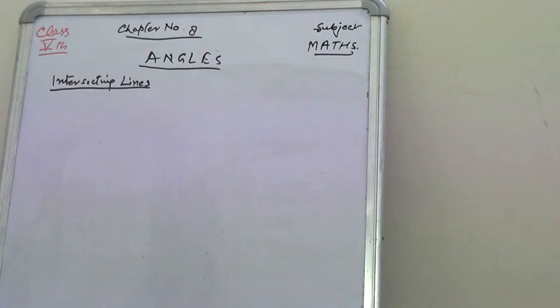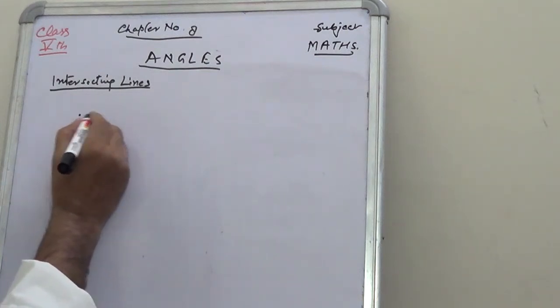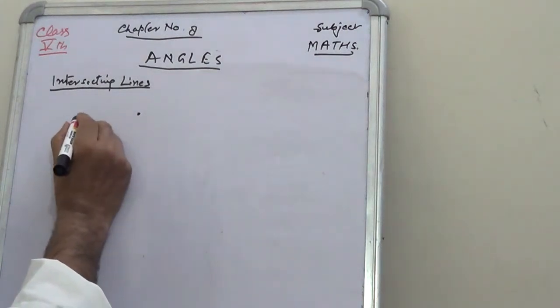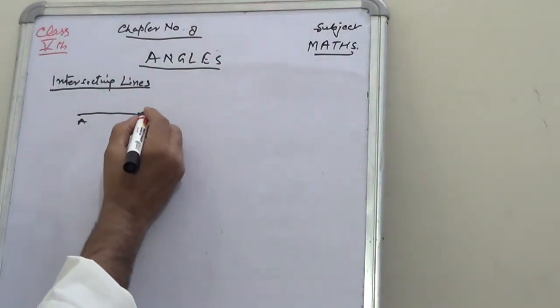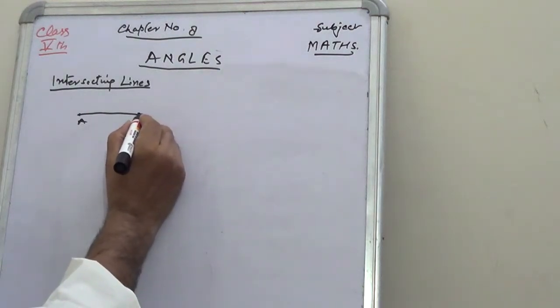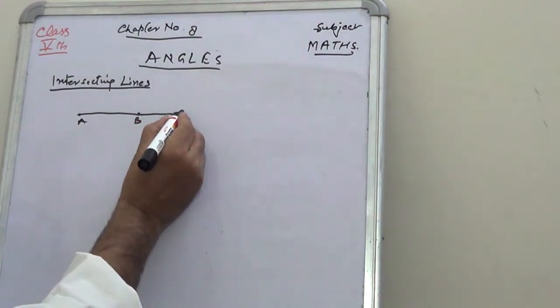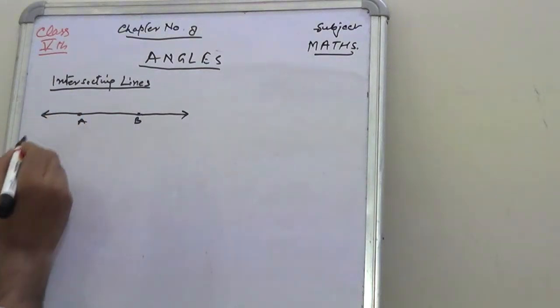Children, before going to intersecting lines, what we must learn about lines. A line is the distance between two points which can be extended to both sides infinitely.